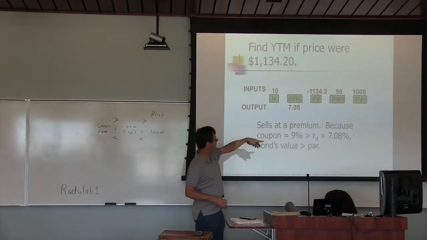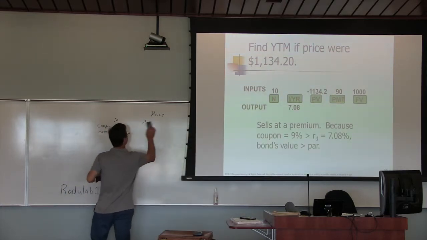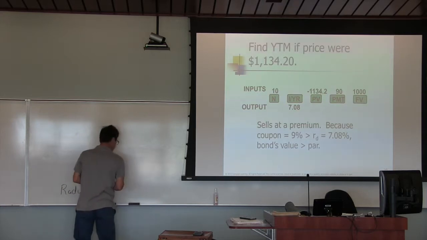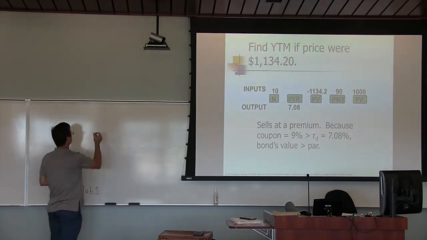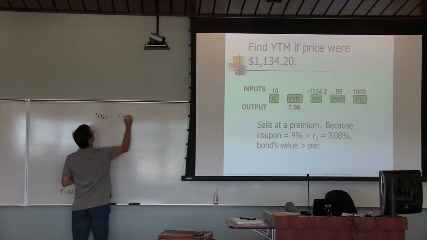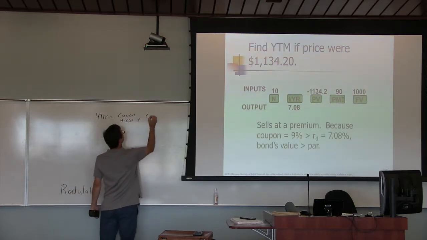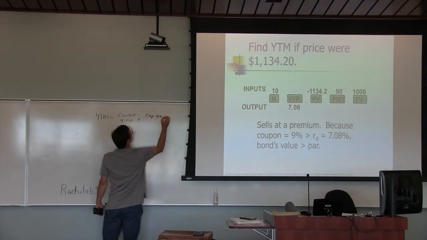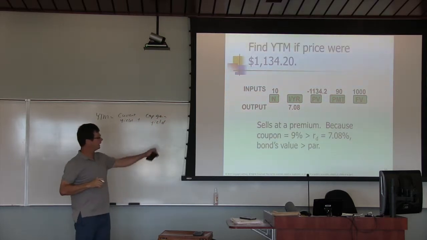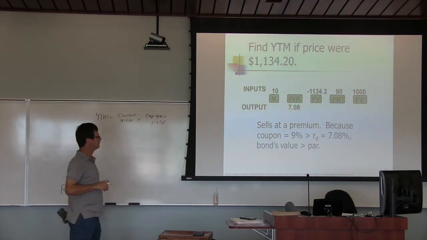So let's see here. If we've got the 7.08% there, go ahead and help me with this one then. We know that the yield to maturity equals our current yield plus that capital gain yield. So my question to you then is, what is the capital gain yield in this particular example?